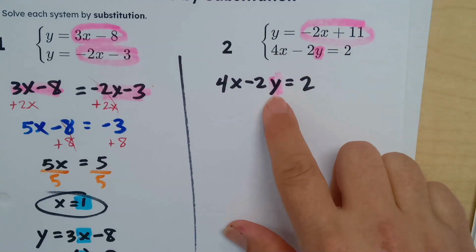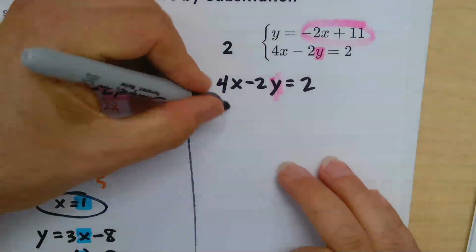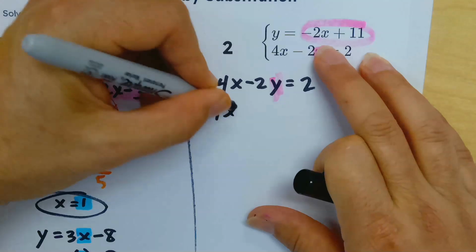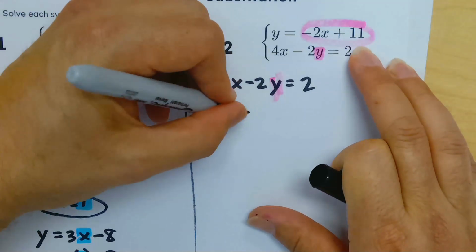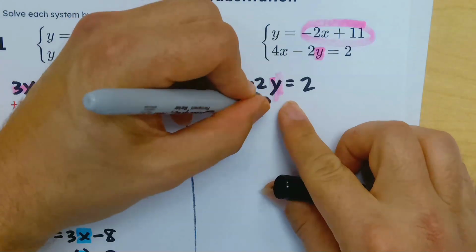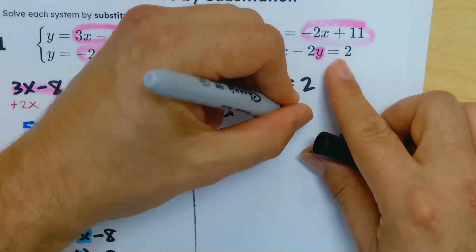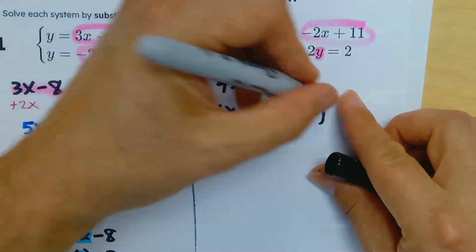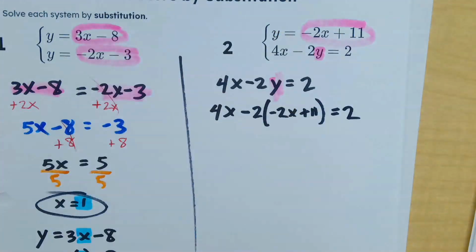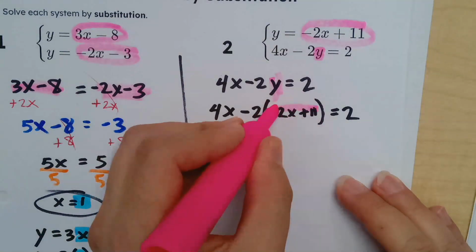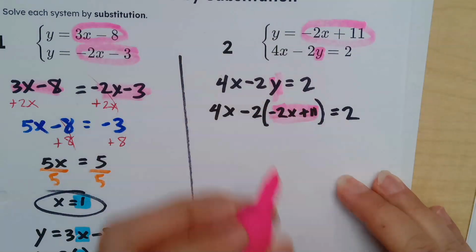So I'm going to substitute y with negative 2x plus 11. So here we go. Instead of writing y, I'm going to write negative 2x plus 11. All I did was rewrite this equation, but I'm going to replace y with that.